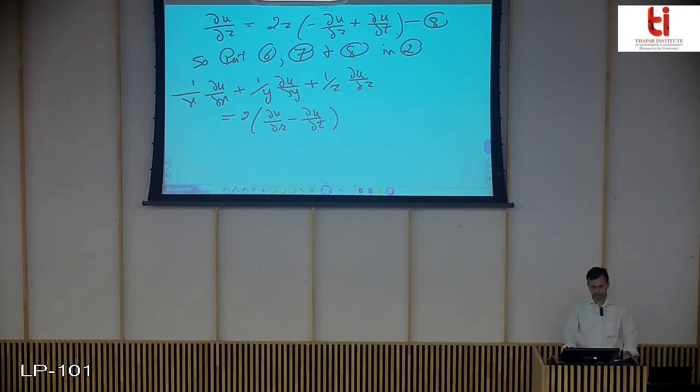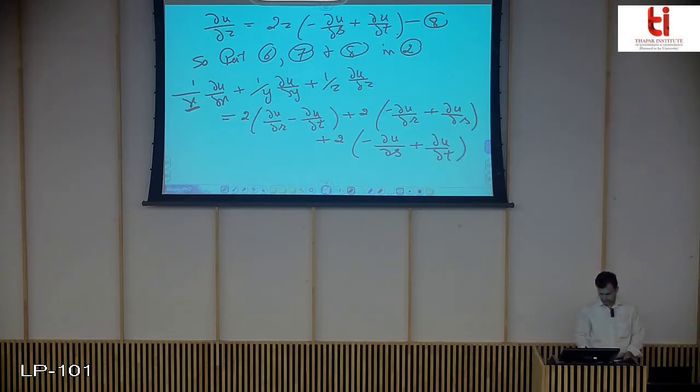This gives you this value when you divide it by x. Similarly, it is 2 times del u by del r plus del u by del s, and this is 2 times del u by del z. Let me correct it and write it properly. This is del u by del s plus del u by del t.